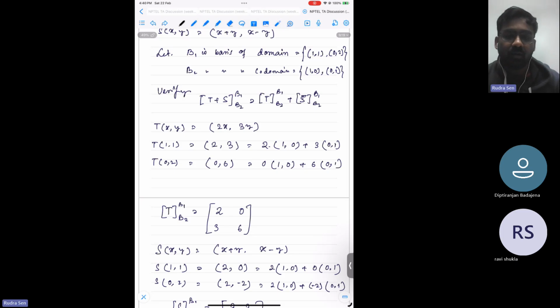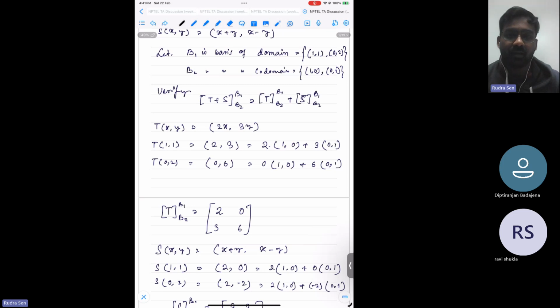So 1, 1 and 0, 1, if you remember the definition of basis, the number of vectors should be exact and they should be linearly independent of each other, and they should span the whole space.